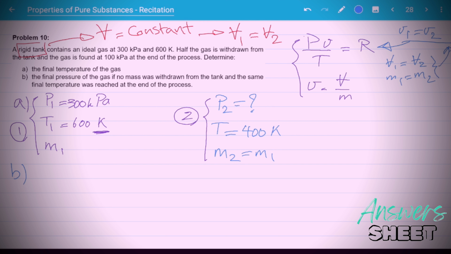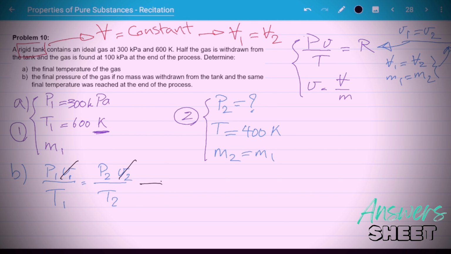Now I'm going to say initial pressure, specific volume over initial temperature is final pressure, specific volume over the final temperature. Now specific volumes are the same, so these go out.